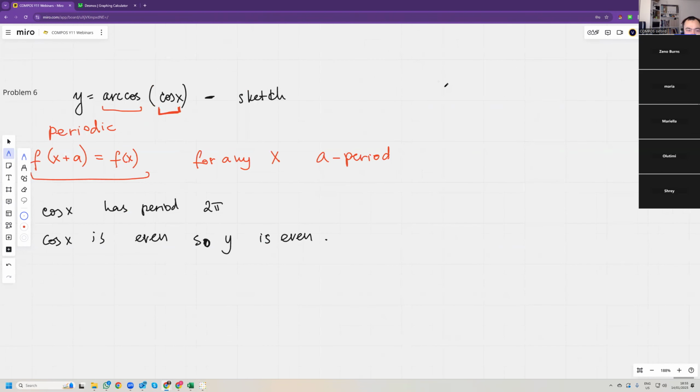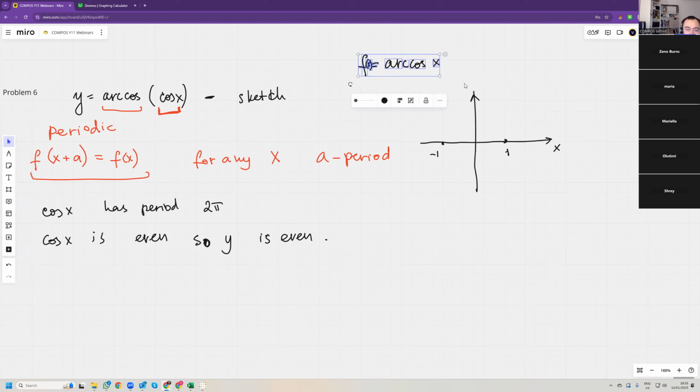Right. So let's just recap. What is arc cos? Arc cos x. So f of x equals arc cos x. It's a function. The domain of that function is -1 to 1. When x is 1, arc cos 1 is 0.